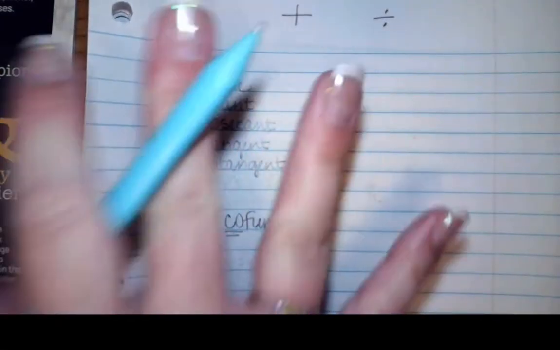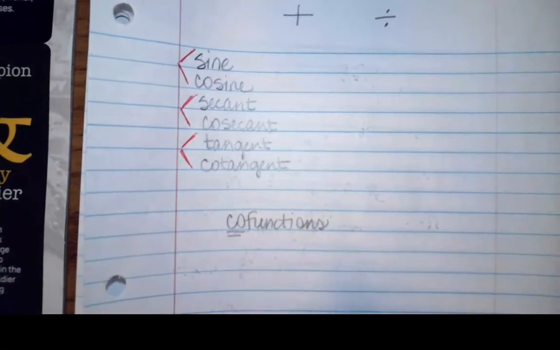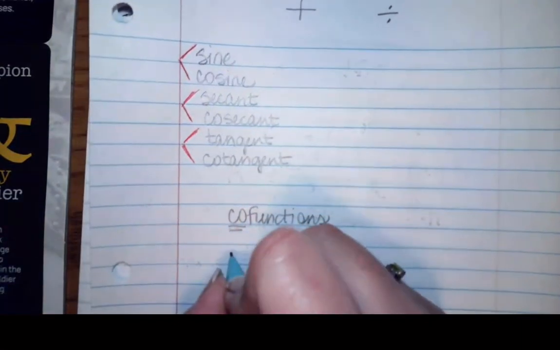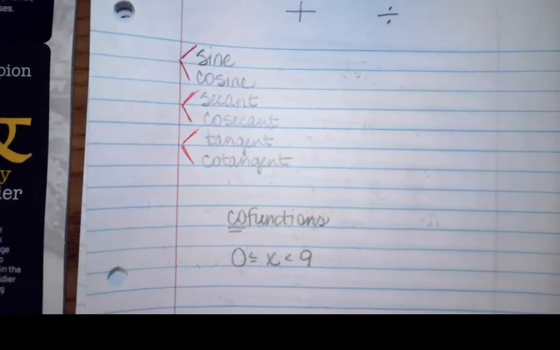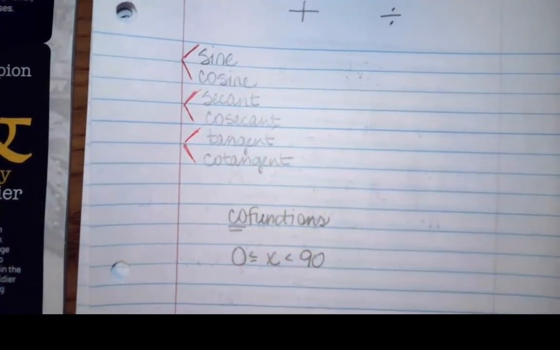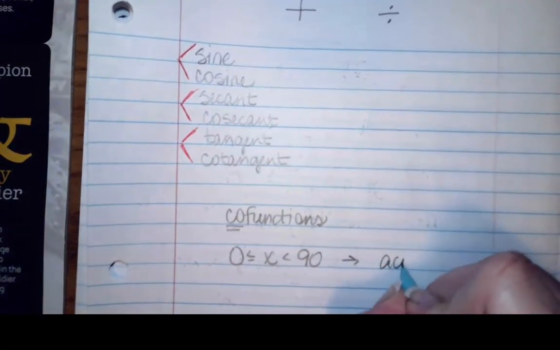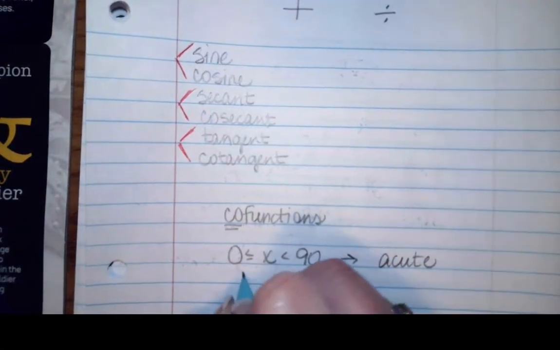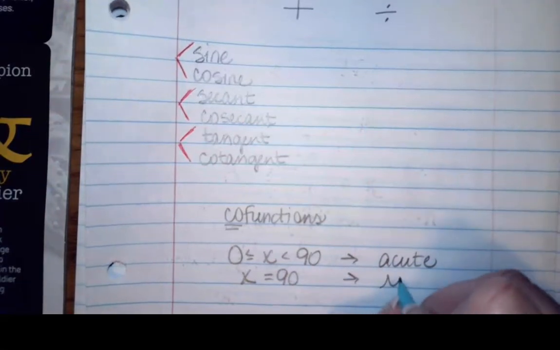Before I dive into this, we're going to do a quick refresher. If an angle is between 0 and 90 degrees, we call it acute. If an angle is 90 degrees, we call it a right angle.